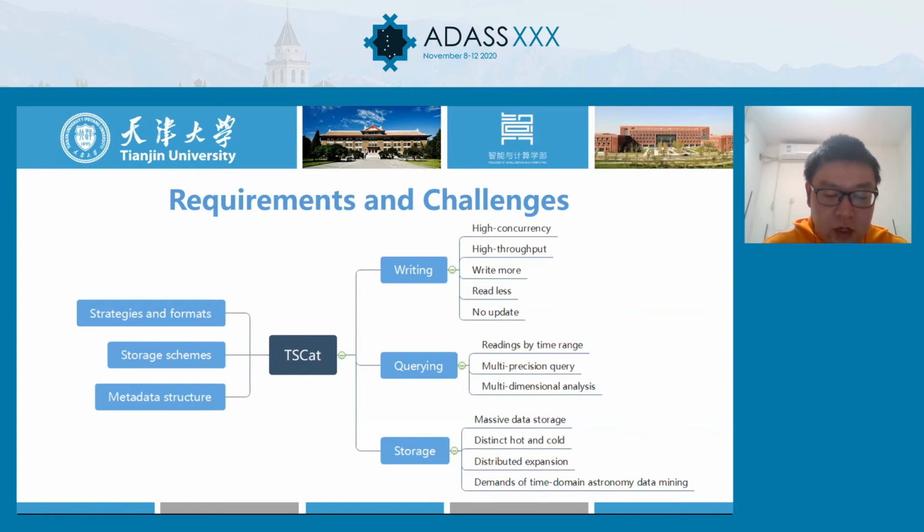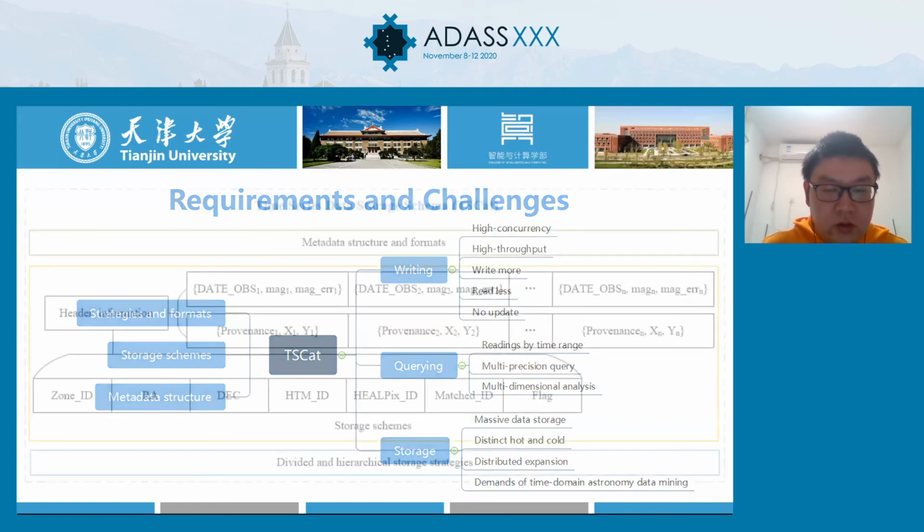Additionally, the characteristics of different machine learning algorithms and deep learning models are taken into account to meet the needs of time domain astronomy data management as much as possible.